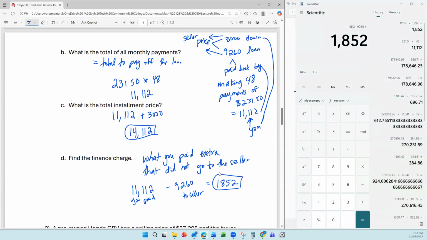Or another way to look at it is you paid a total of the $14,112, including the $3,000, and that altogether went towards the whole selling price, which was the $12,260.